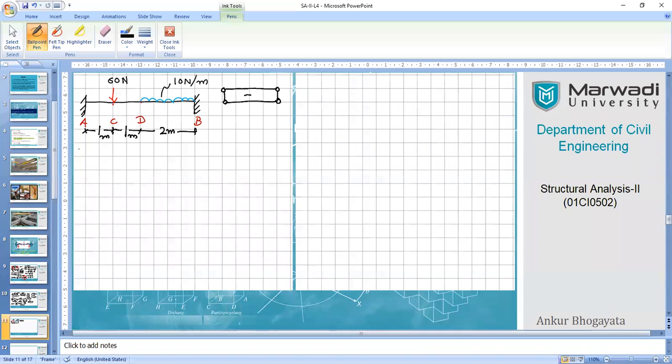There is a critical point which I would like to discuss with all of you in this type of problem. If you recall, even if you want to use Macaulay's method, what we used to do is calculate the reactions first, right? But that was in the case where you can easily obtain your reactions. Now supposing this is the condition and I want to develop my simply supported beam like this.